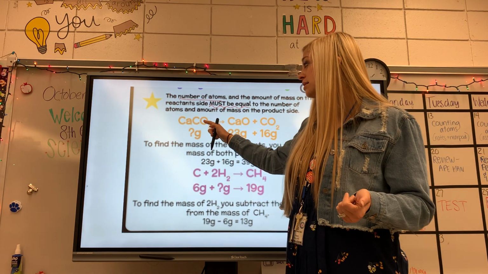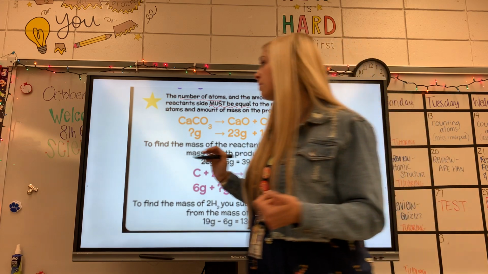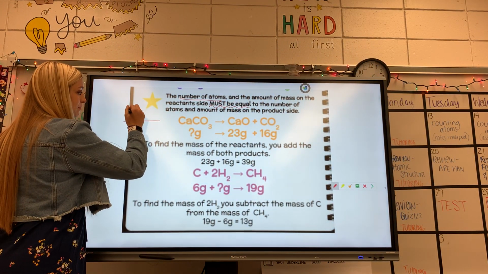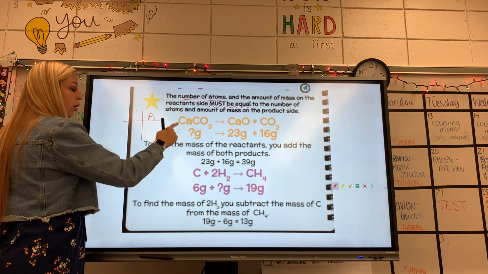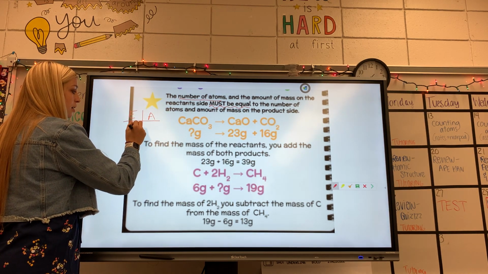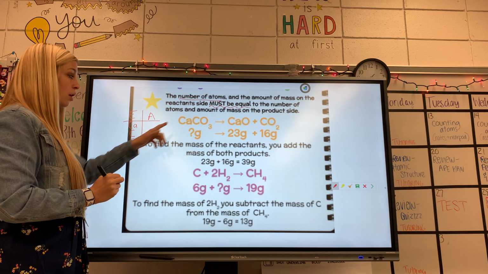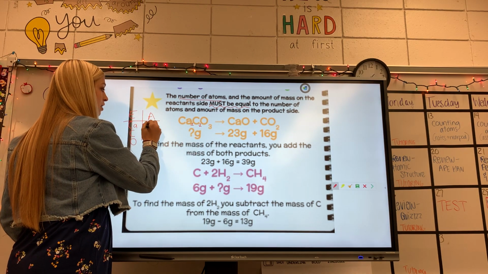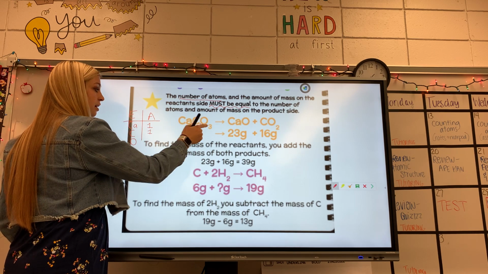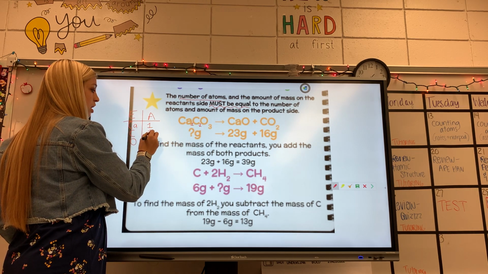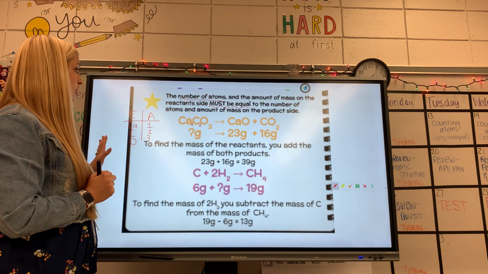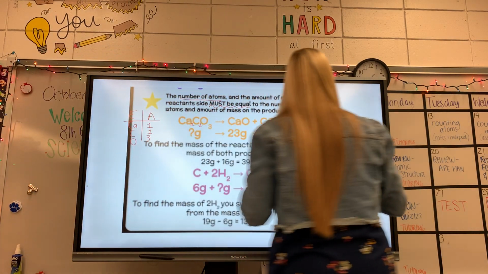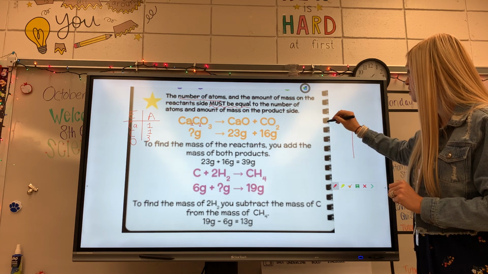We have CaCO3. I'm going to make a real quick little EA chart, just so that we can see it. Our elements are Ca, C, and O. We have 1 atom of Ca, 1 atom of C, 3 atoms of oxygen. Let's look at the product side. Let me make a little EA chart for the product side.